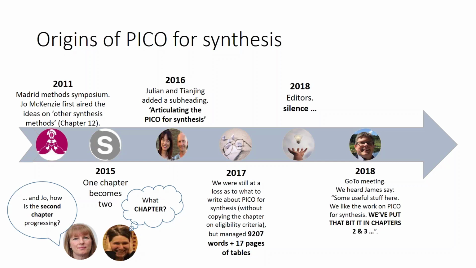We like the work on PICO for synthesis. We've put that bit in chapters 2 and 3. And so it is that by 2019, we had ended up with 4 contributions to 4 chapters rather than 1. But more importantly, the concept of PICO for synthesis was appearing in the handbook for the first time.